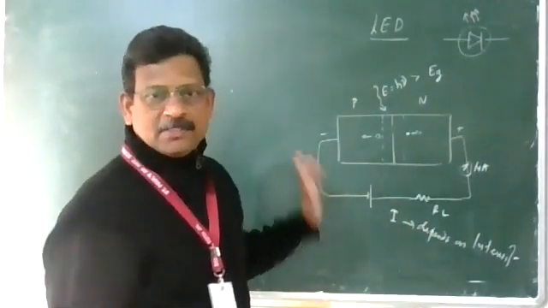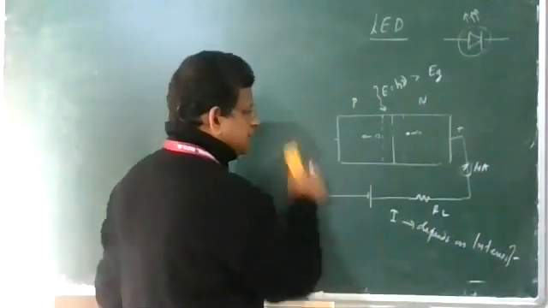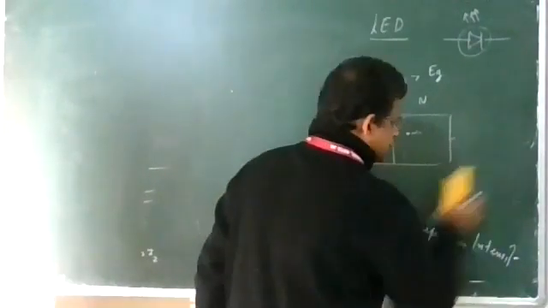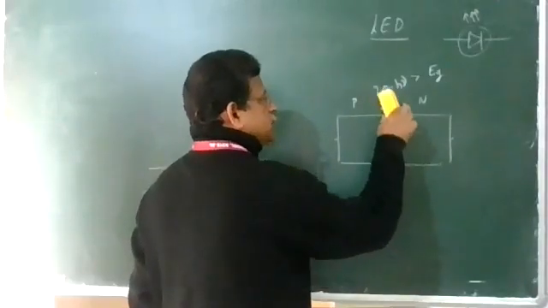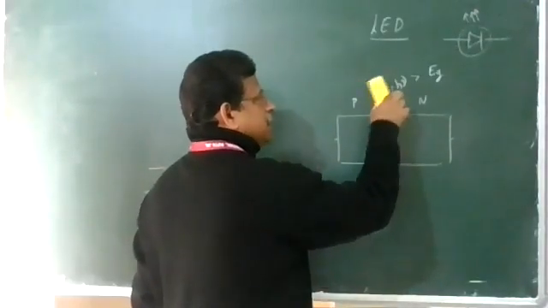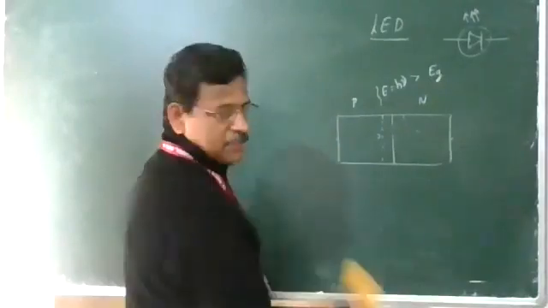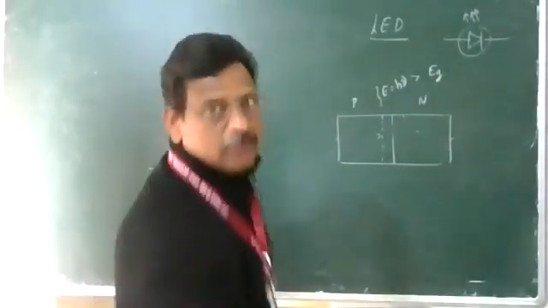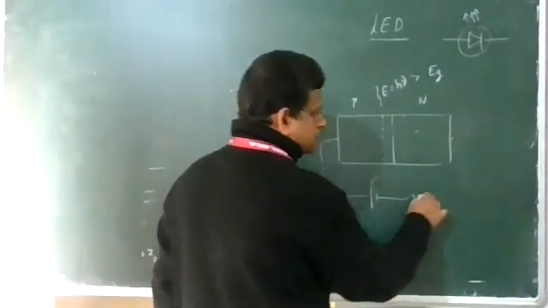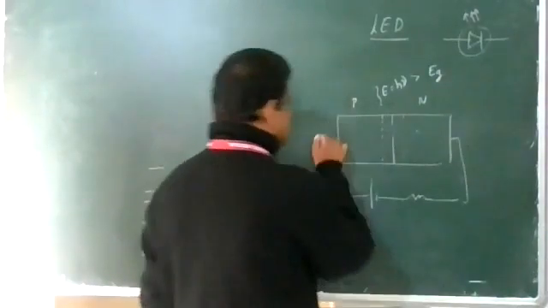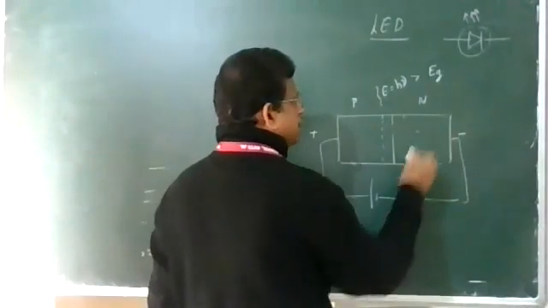The diagram is this, but it will be connected in forward bias. So here light is coming out. The light emitting diode will be in forward bias. This is positive, this is negative.